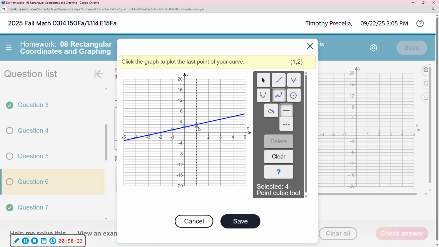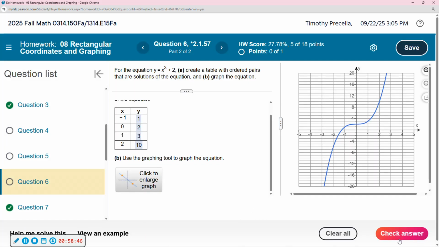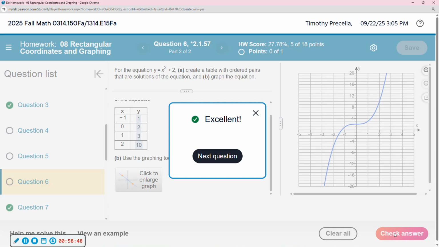Once we plot that fourth point, 2, 10, now you'll start to see the little squiggly shape coming in. Right 2, up 10. There. I say save and check.